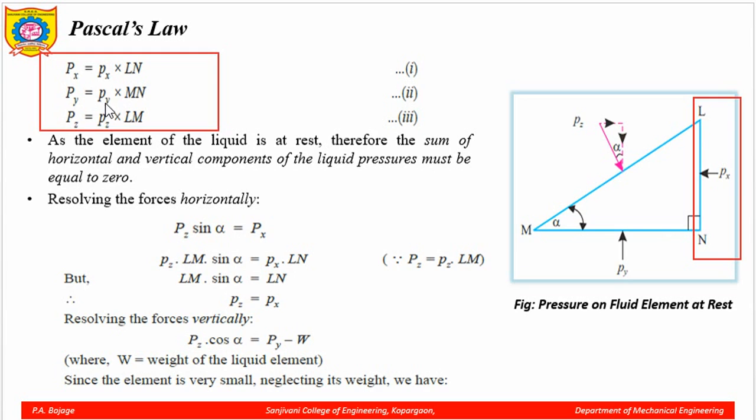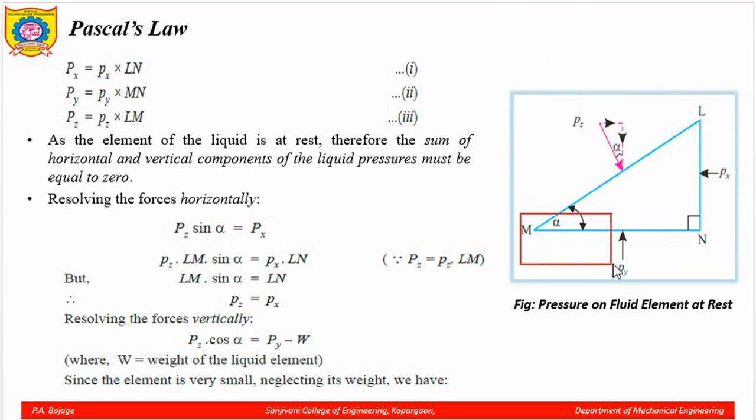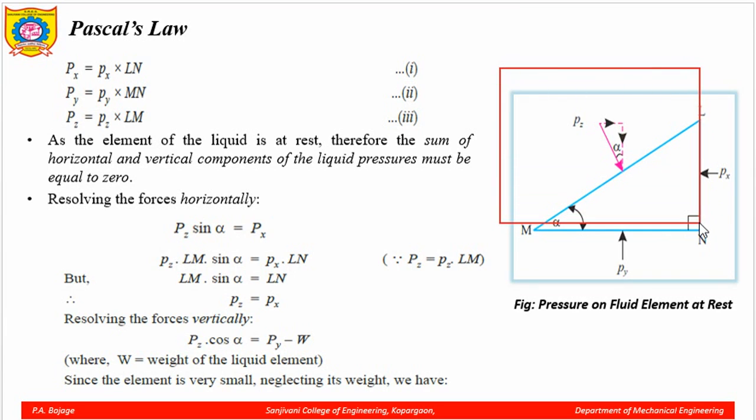Small p suffix y into Mn, so this side. That is the pressure, capital P suffix y is equal to small p y into Mn, whereas Pz, capital P suffix z is equal to small p suffix z into Lm, which is this element.